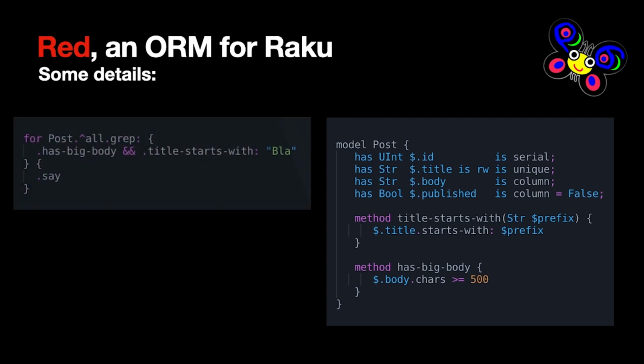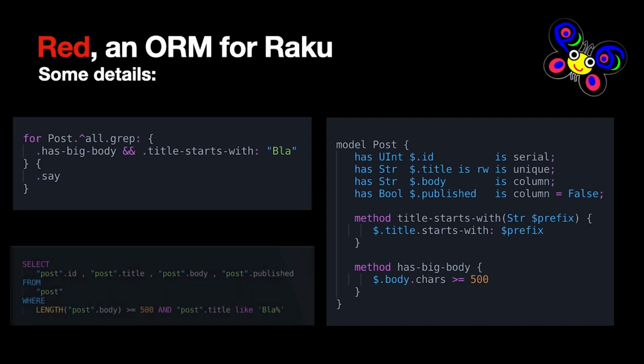But you could also use them while grepping or mapping a result-seq, as in this snippet. For example, here we are grepping over all posts that have a big body and where the title starts with blah. So this would generate this SQL query.